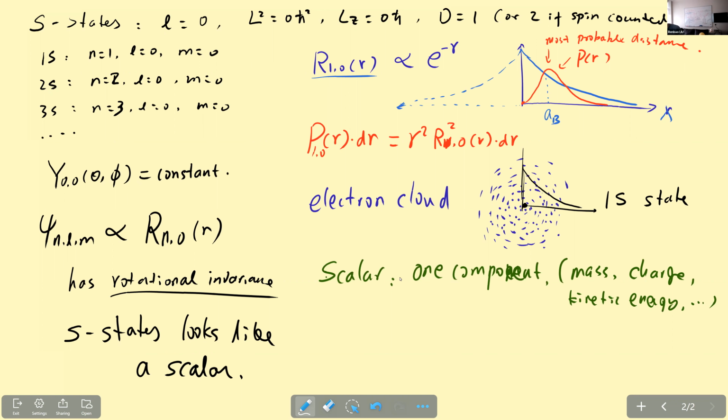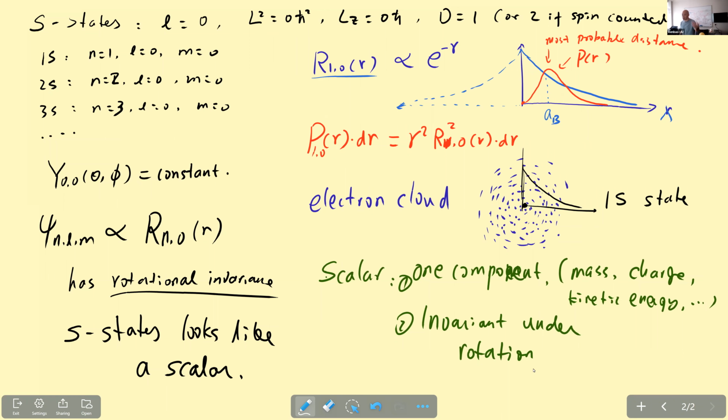Okay, so this is one property, and the second property is invariance under rotation. If I have a charge, for example, and you do a rotation of the space, the charge will not be changed, right? If I have a mass, the mass will not be changed if you do a rotation, right?